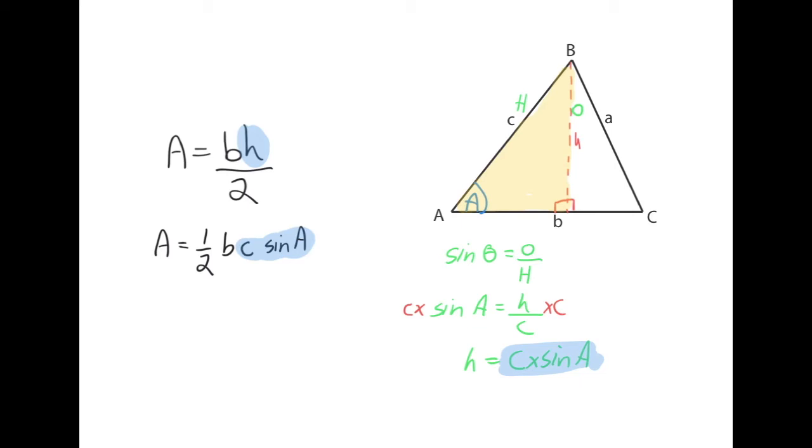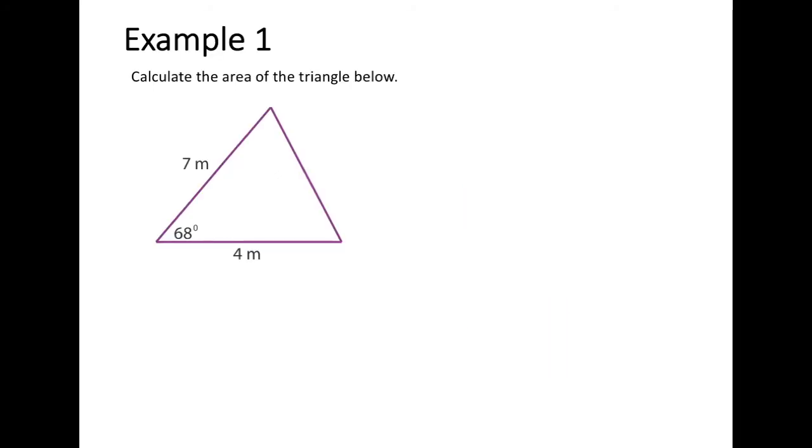So let's look at an example of how we can apply that formula to find the area of a triangle. In my example, I want to calculate the area of the triangle, and I can see that I've got one side which is 4, one side which is 7, and the angle in between those two sides is 68 degrees.